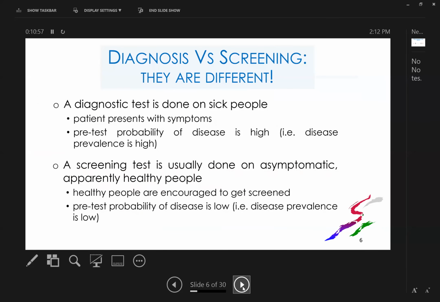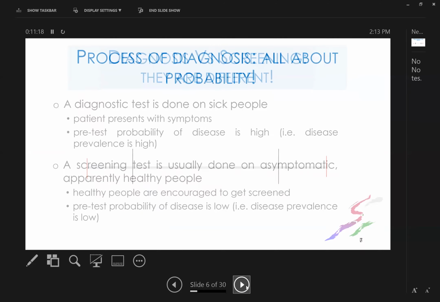So the difference between a diagnostic test and a screening test is that a diagnostic test is done on sick people who are seeking care. Therefore, their pre-test probability of disease is quite high. A screening test is usually done on apparently healthy people who are not seeking care, and therefore the pre-test probability of disease is quite low.